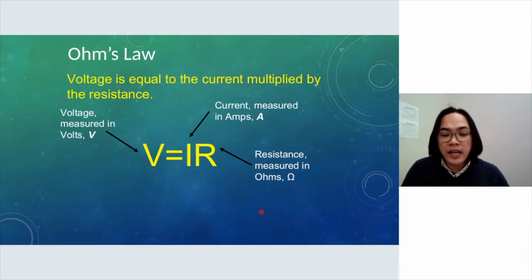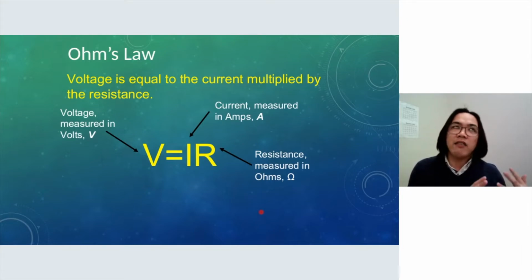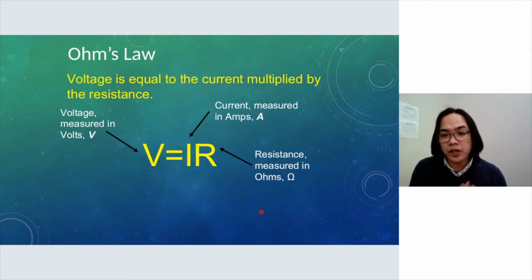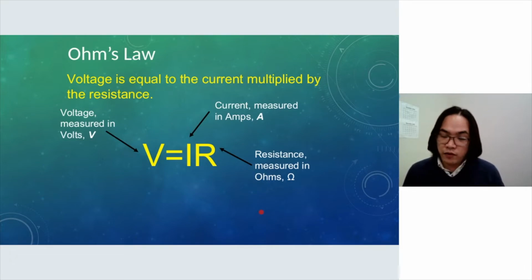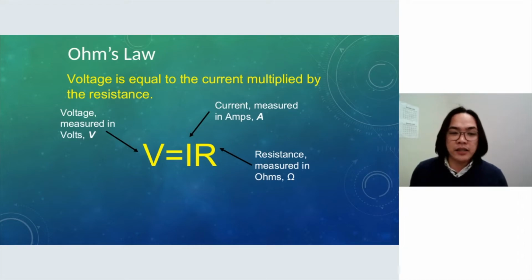So from the statement, which says current is directly proportional to voltage and inversely proportional to resistance, we can now come up with an equation. So voltage is equal to the current multiplied by the resistance. So just for you to remember, voltage again is measured in volts, current is measured in amperes, and resistance is measured in ohms. Now, there are instances wherein the one missing is not voltage. Sometimes the missing quantity is current or resistance.